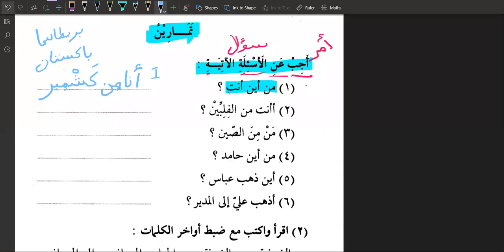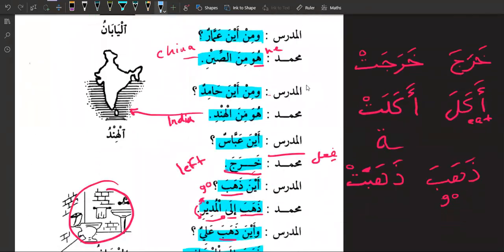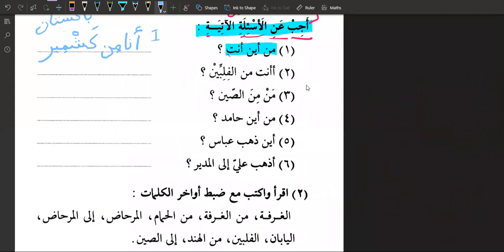Oh, sorry. أنا من بريطانيا. Pakistan, Kashmir. Jangir, he's from Hind, so he just has to write Al-Hind. جيد. So you write أنا من, and then whatever country you're from.